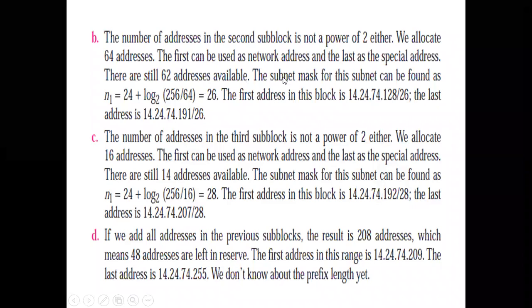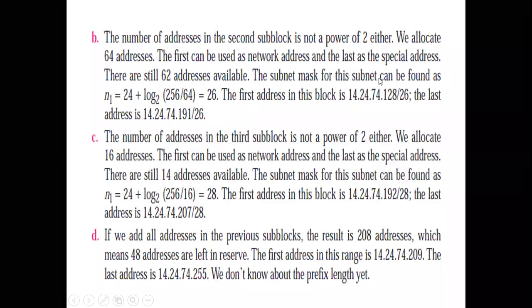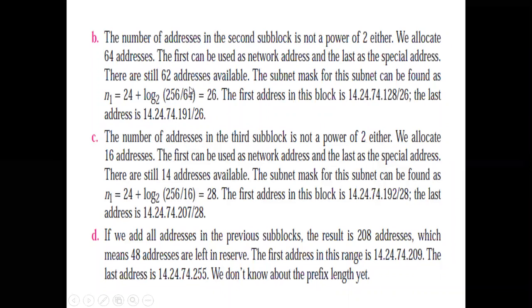So again the same case, then you calculate the subnet mask. The subnet mask will be calculated with the same formula. The network mask, subnet mask net ID is equal to 24 plus log of 256 divided by the strength of this second subnet, that is 64, to the base 2. You are getting the value 26.